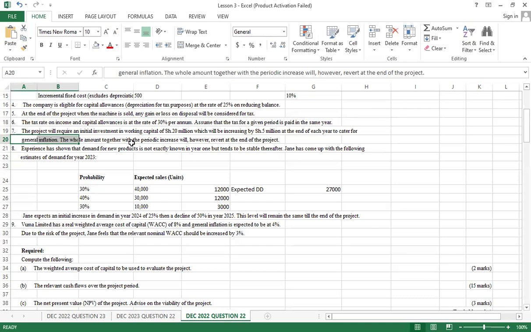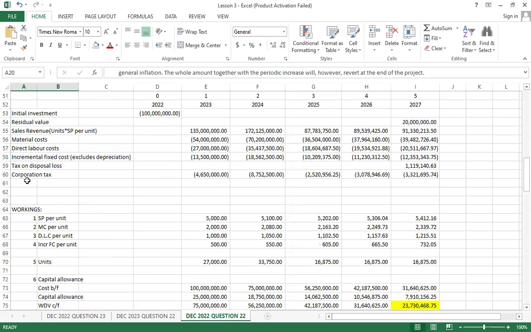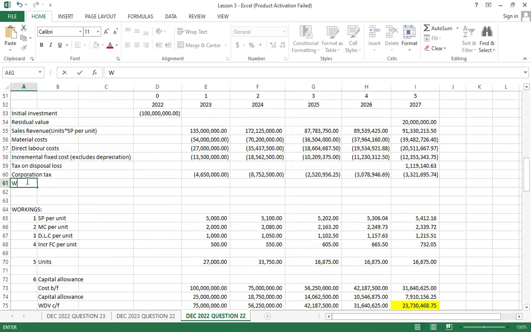The whole amount, together with the periodic increase, will, however, revert at the end of the project. So this is one more relevant cash flow for consideration: we have the working capital.